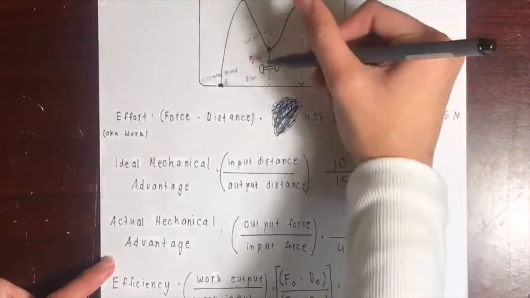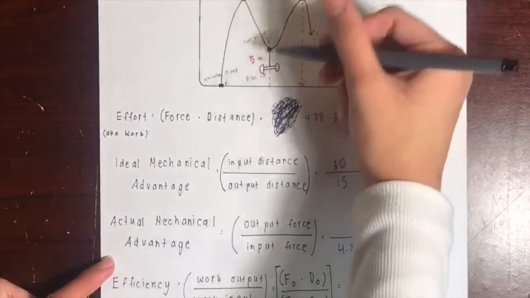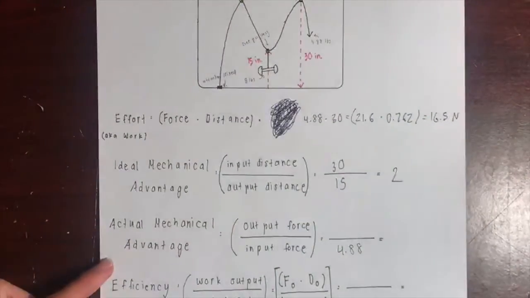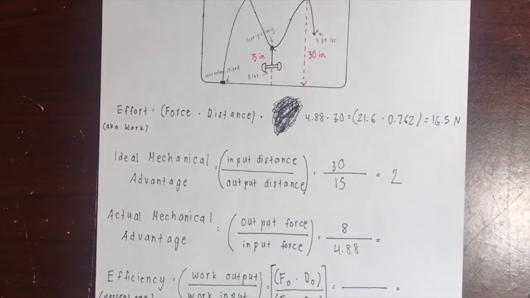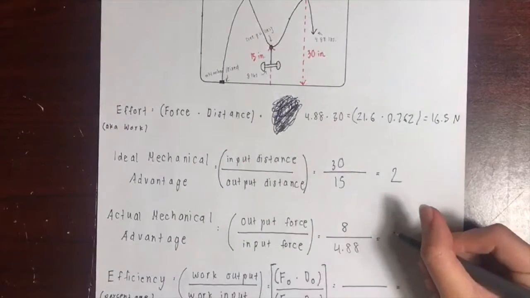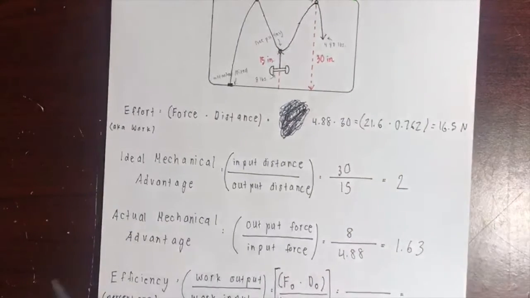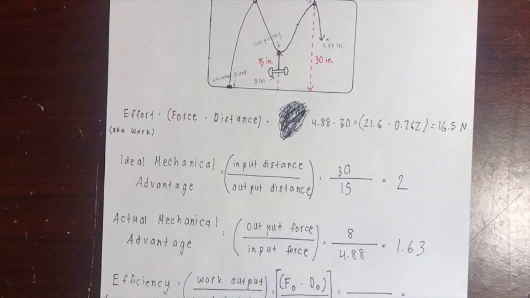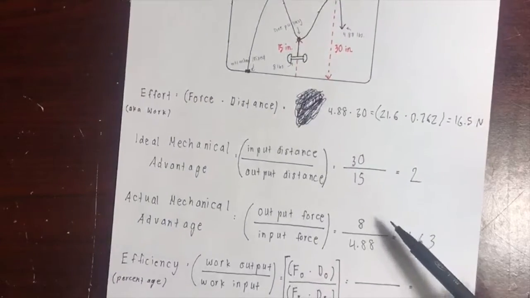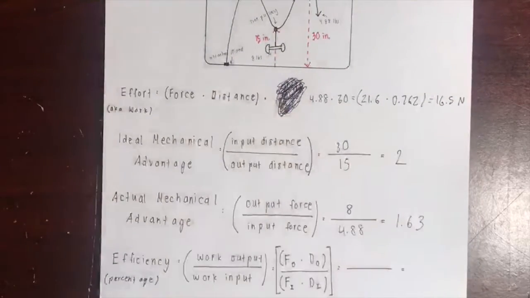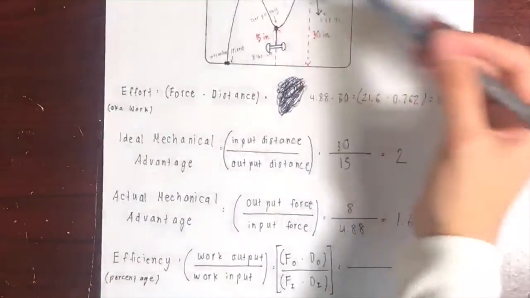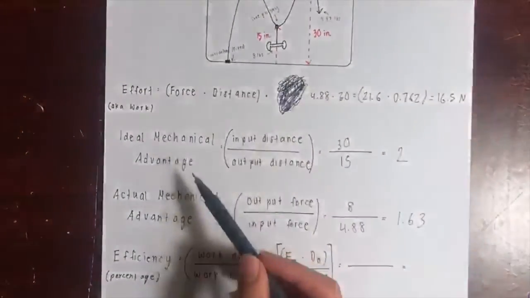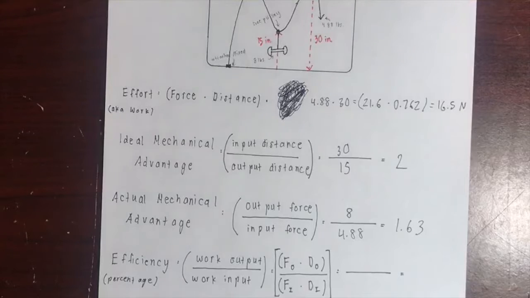And we know the output force would be 8 pounds because that's the weight being lifted. So 8 divided by 4.88 would be 1.63. Now, the actual mechanical advantage is always going to be lower than the ideal mechanical advantage, because of the energy that we lose to friction. It's not going to be exactly what the ideal mechanical advantage says.